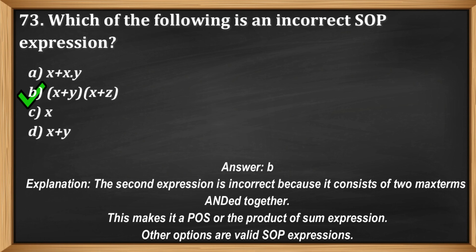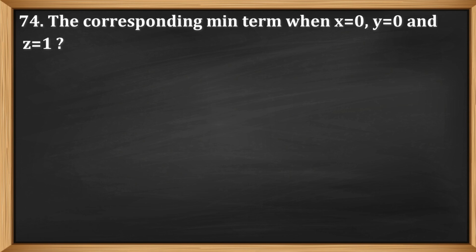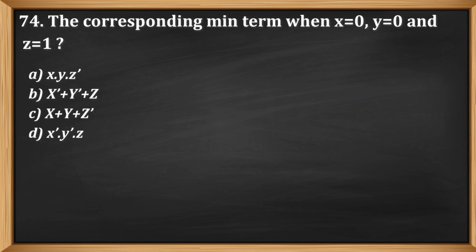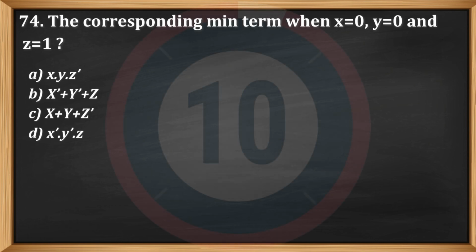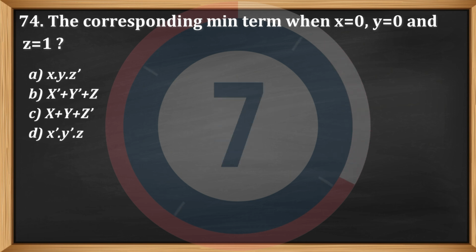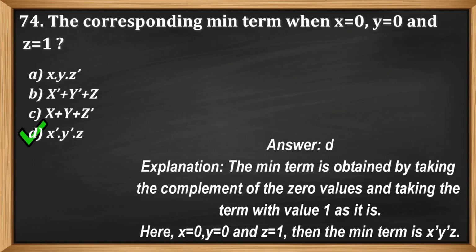Which of the following is an incorrect SOP expression? Option B, x plus y into x plus z. The corresponding min term when x is equal to 0, y is equal to 0 and z is equal to 1. Option D, x naught into y naught into z.